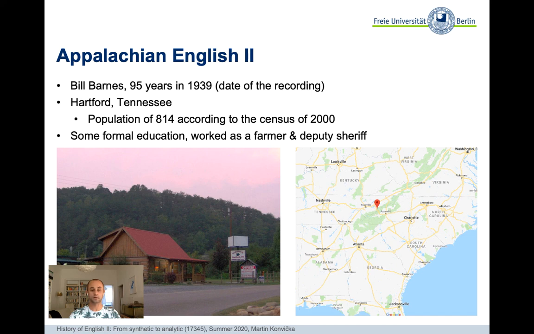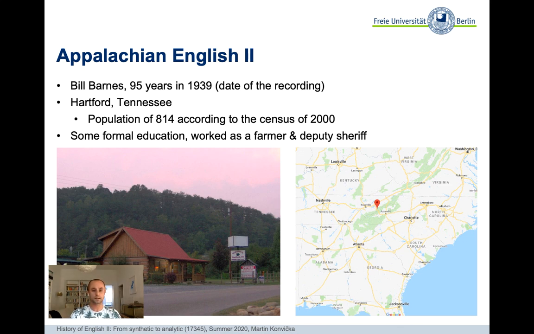The speakers have some level of formal education, but they are not really educated, and the person that you will hear talking and whose text you will get worked as a farmer and later on worked as a deputy sheriff.